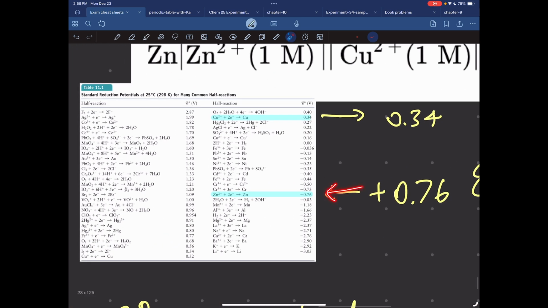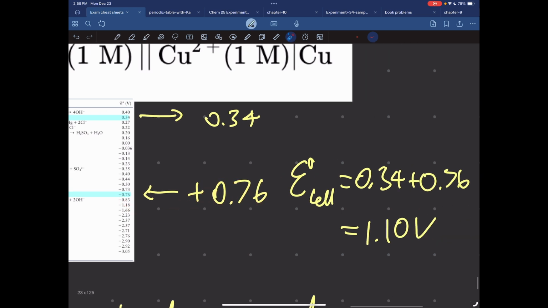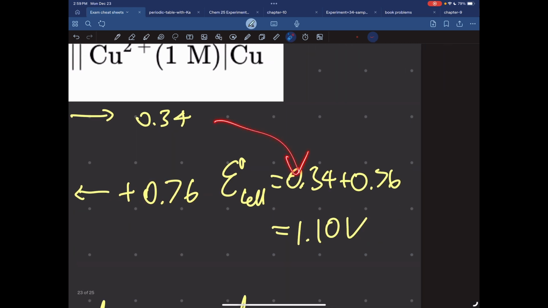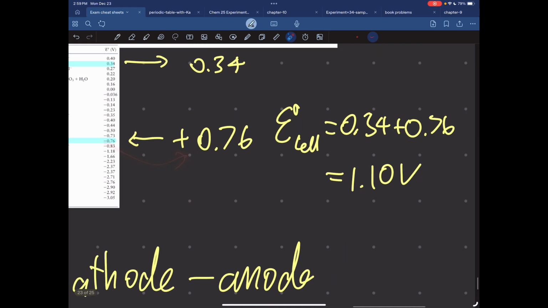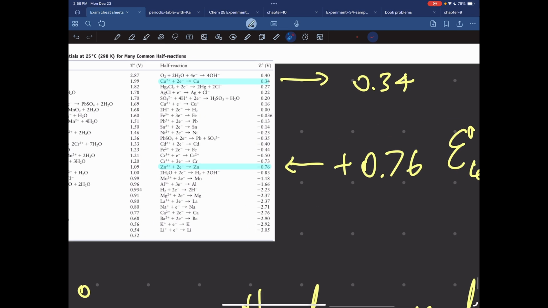So the reaction is going backwards, so for the voltage of this happening, I flip the sign. So it's plus 0.76. And so I just add them together now, and I get the same answer. Because what I really did was just flip this, and that's the same as subtracting the anode, because in the anode, all these reactions go the other way around.